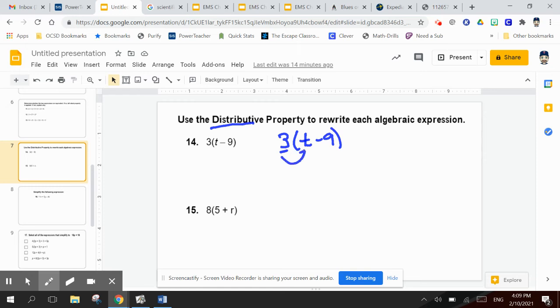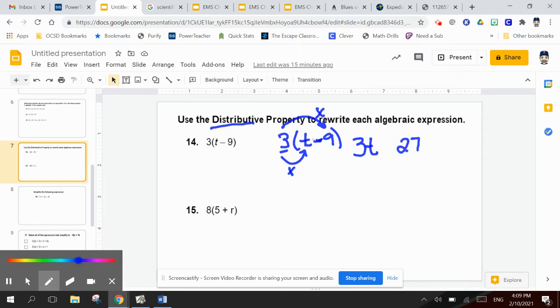So I'm going to have 3 times t, and I'm going to multiply 3 times 9. 3 times t is 3t. 3 times 9 is 27. Subtraction sign in between, and that's my new expression: 3t minus 27.